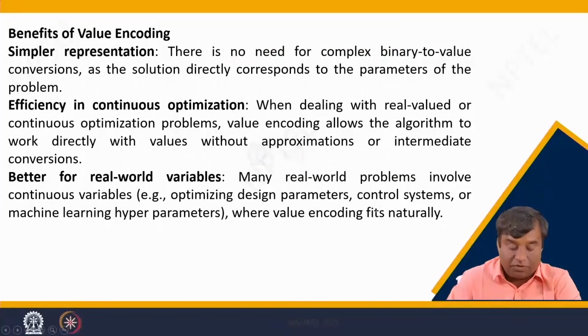Some benefits of value encoding. First, simpler representations: there is no need for complex binary to value conversion, as the solution directly corresponds to the parameters of the problem. Efficiency in continuous optimization: when dealing with real number or continuous optimization problems, value encoding allows the algorithm to work directly with values without approximations or intermediate conversions.